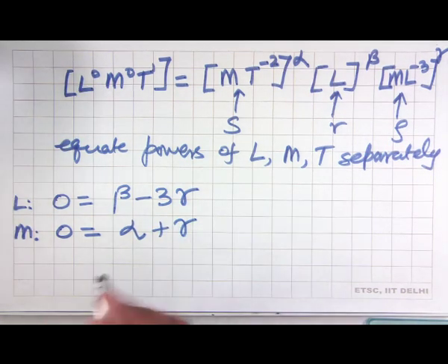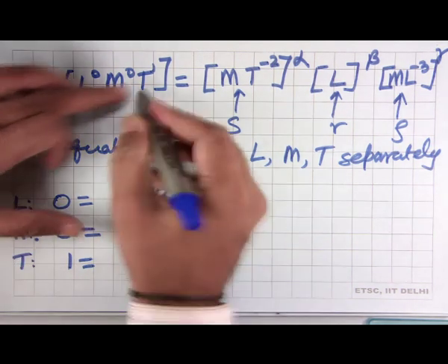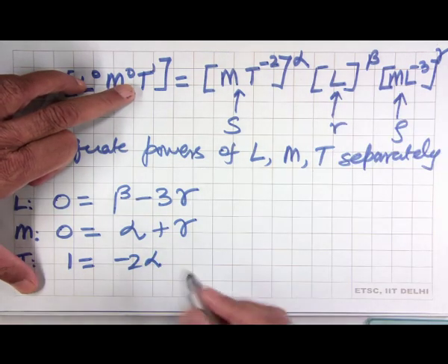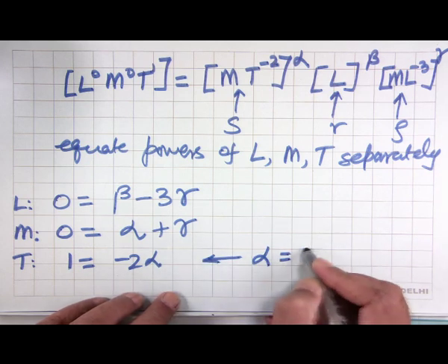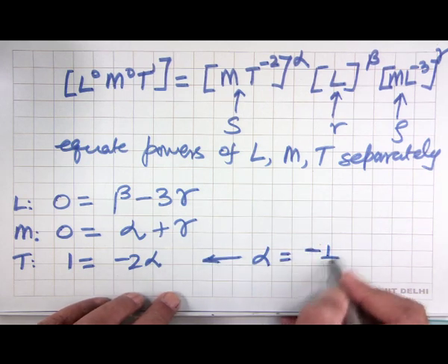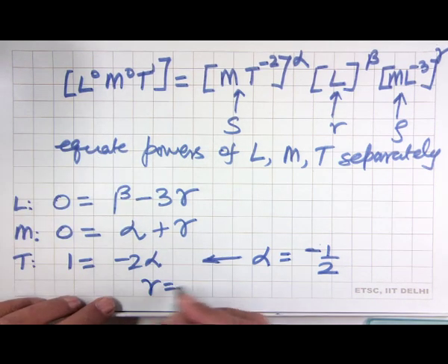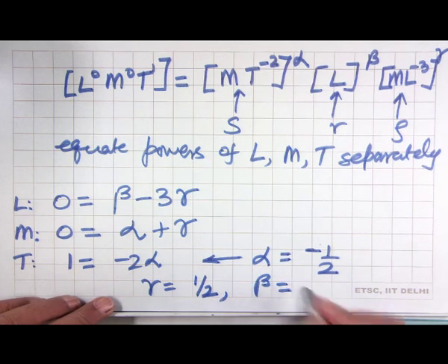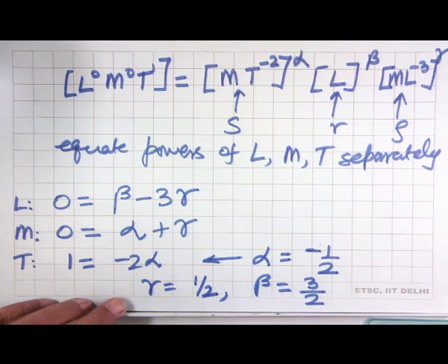And then we have the third quantity, which is T. So here we have 1 is equal to minus 2 alpha and nothing else. So first we solve this equation, this gives us alpha is equal to minus half, and then from the second equation, we get gamma is equal to half, and then from the first equation, beta is equal to 3 gamma. So beta will be equal to 3 by 2.